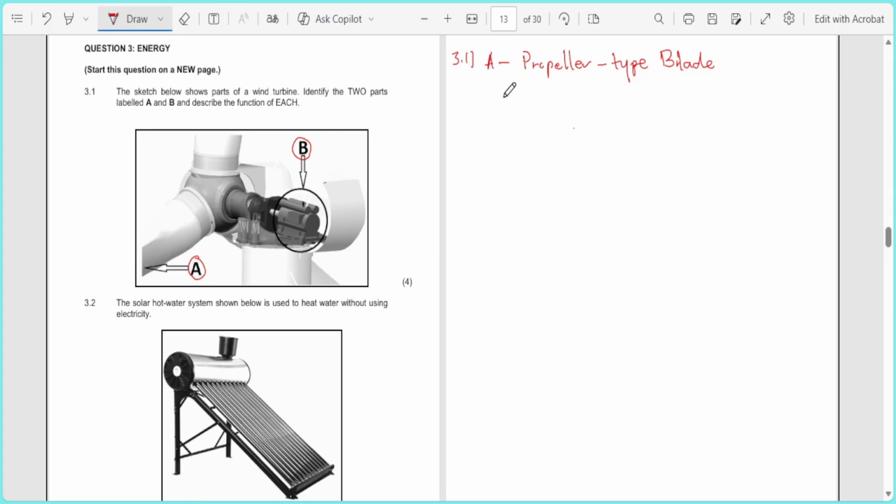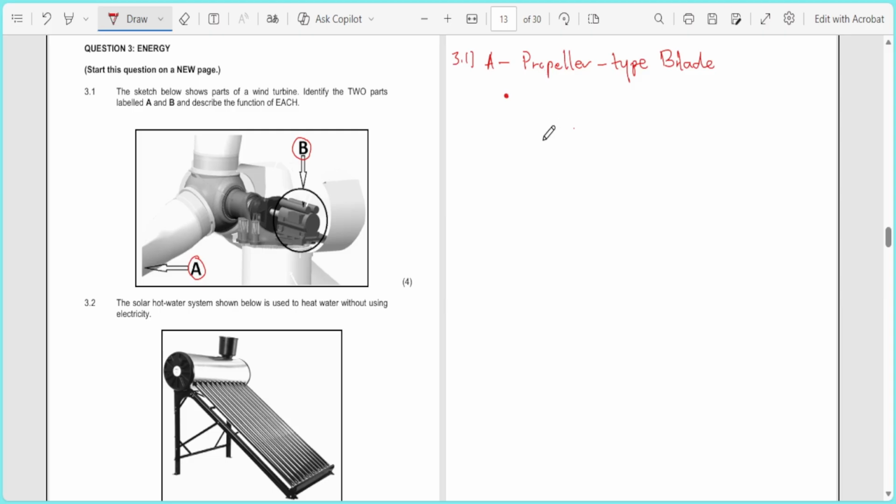Okay, this is a propeller type blade. Now, what is the function for this? All right, so propeller type blades are these large, aerodynamically shaped blades that are responsible for catching the wind during the production of electricity, right? So there are those spinning blades around the turbine.